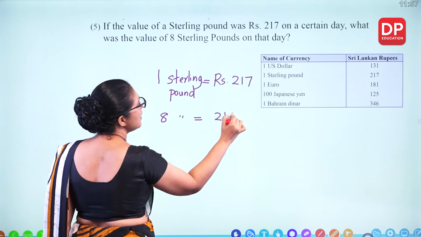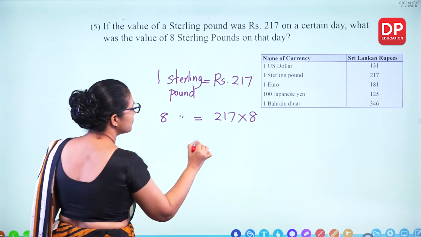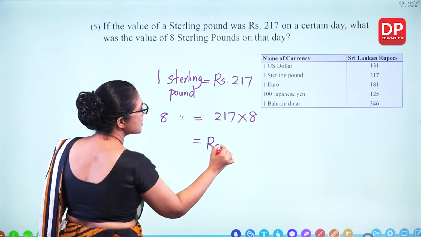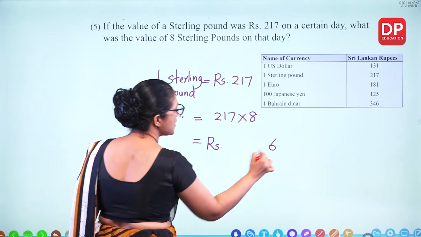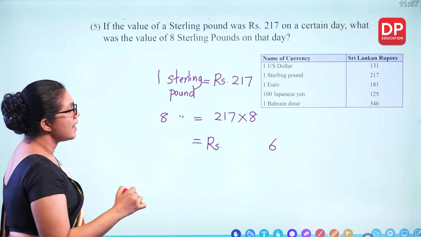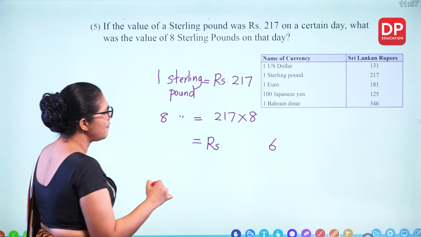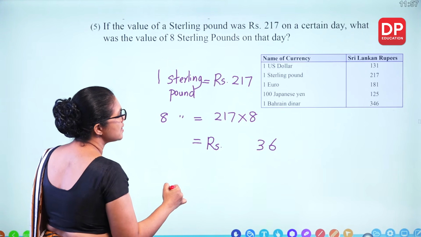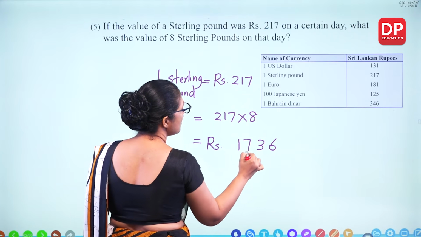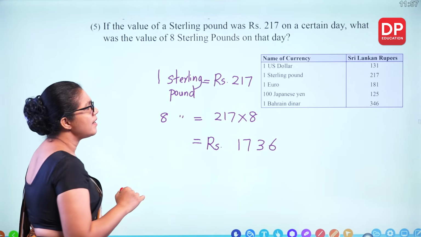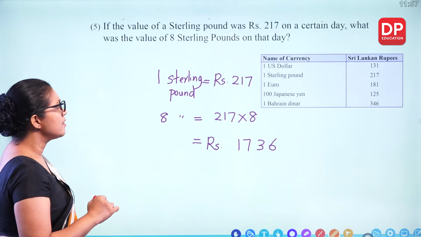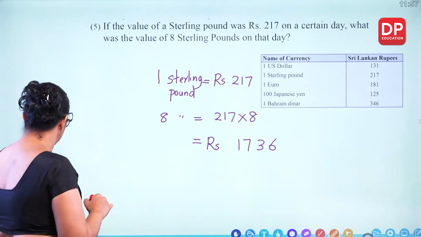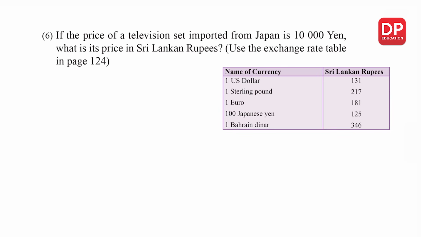Multiply by 8. This is in Sri Lankan rupees. 8 times 7, 56. 5 remaining. 8 times 1, 8 plus 5, 13. And 1 remaining. 8 times 2, 16 plus 1, 17. So 1,736 Sri Lankan rupees.